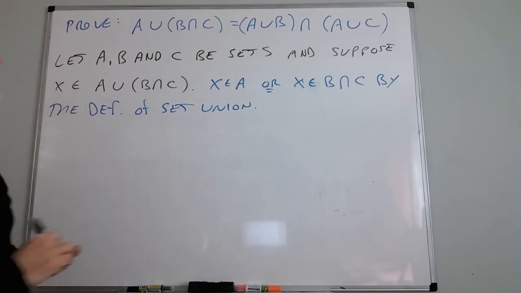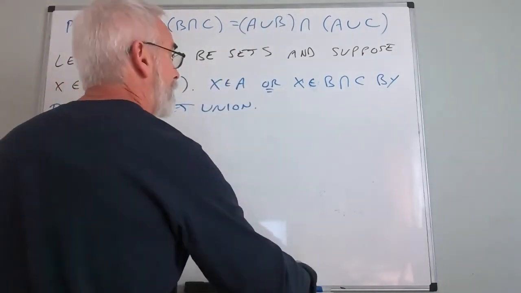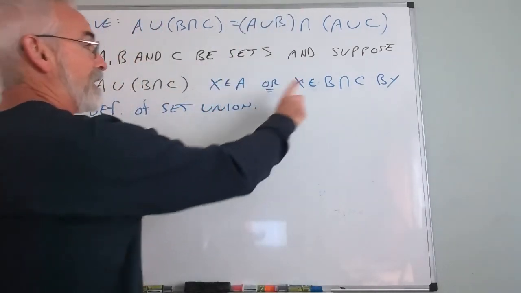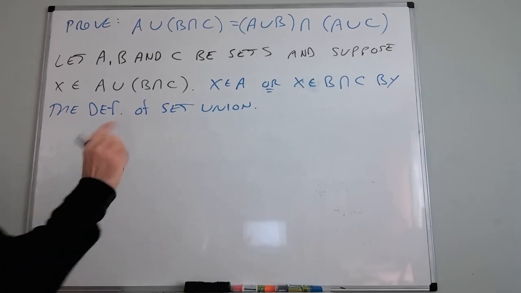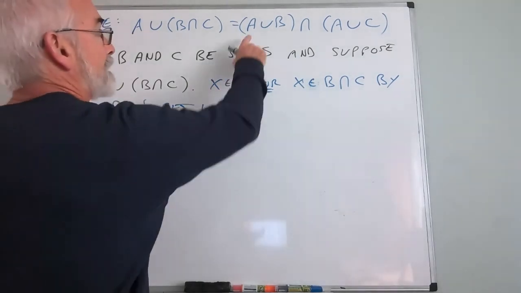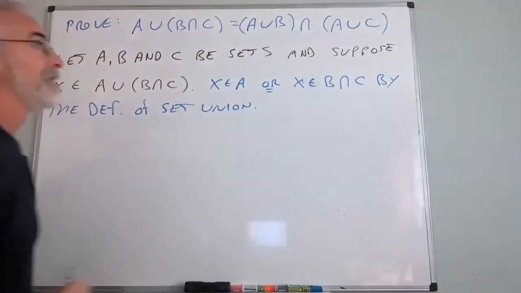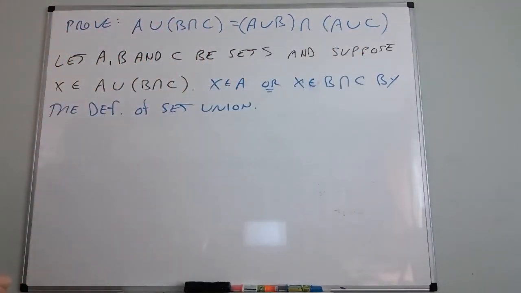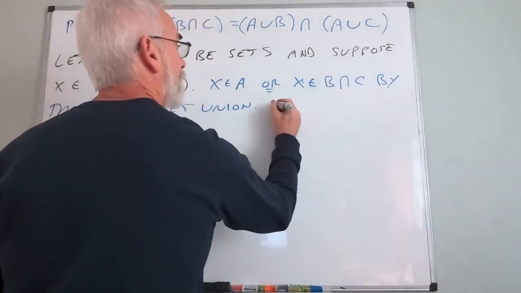Now, if X is in A, that makes the rest of this fairly simple. So hold off on that for a moment. Let's look at the other side. If X is in A, if we just stopped here, then X is definitely in the union, and that's not all that exciting. So let's continue on this part.